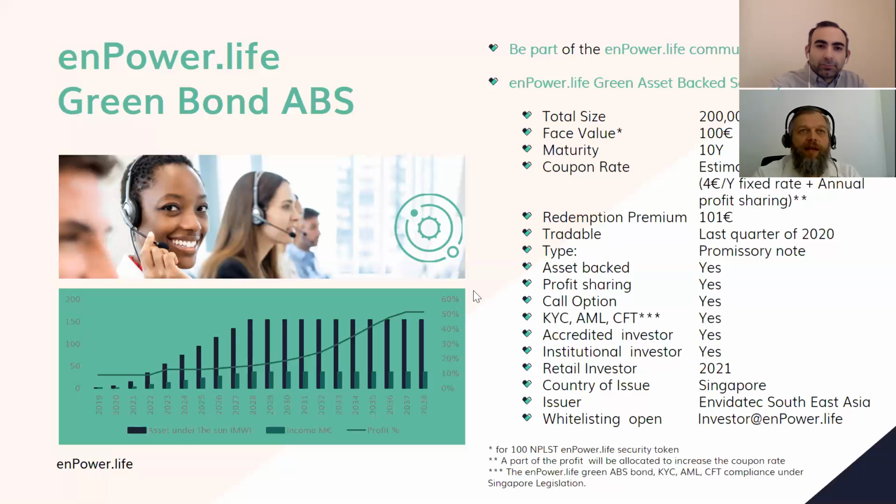Yeah, so these are the core bond features. We're setting it up, and there are minimum requirements for bonds. The number is on one hand quite high, on the other hand quite low. It's 200 million, the total size which is possible to invest, but this is almost the minimum requirement, because usually green bonds are used for utility-size, very huge power plants.